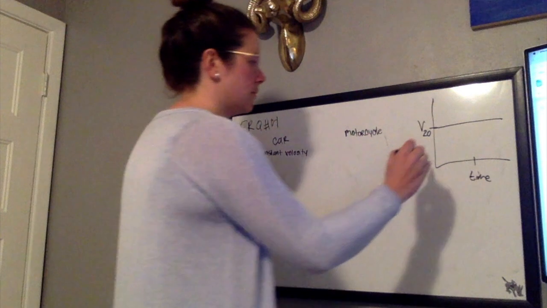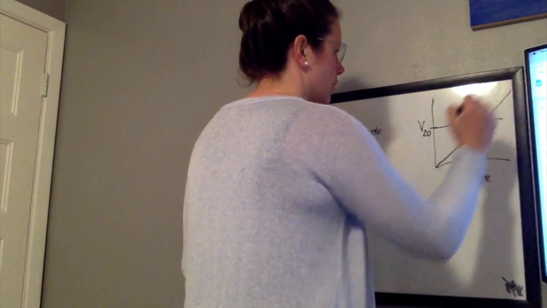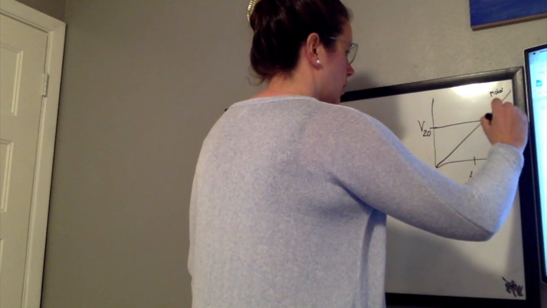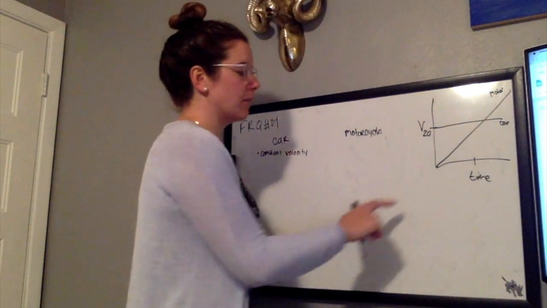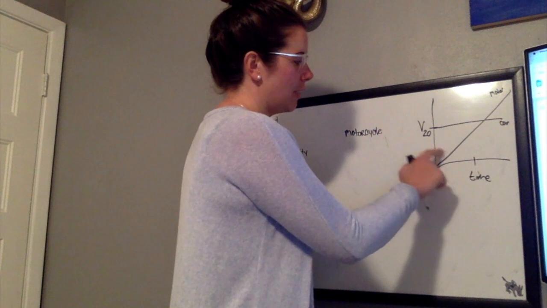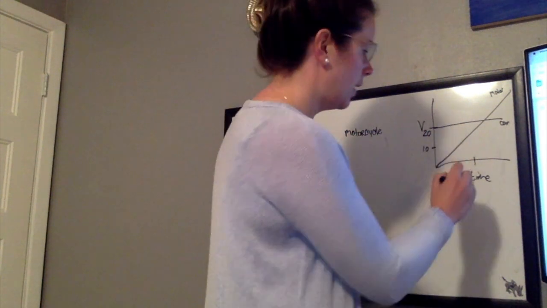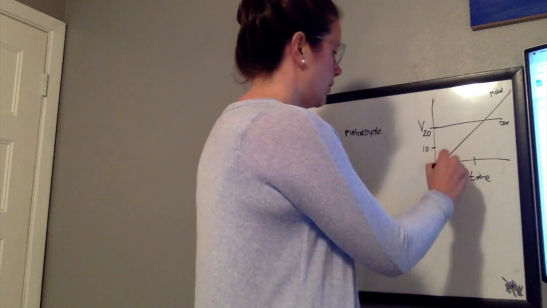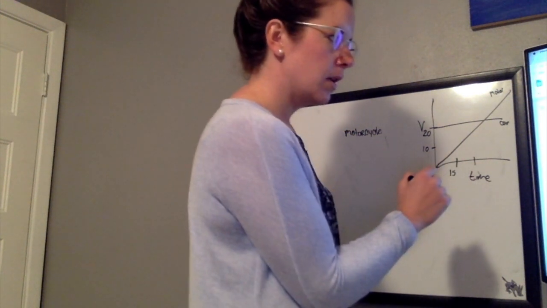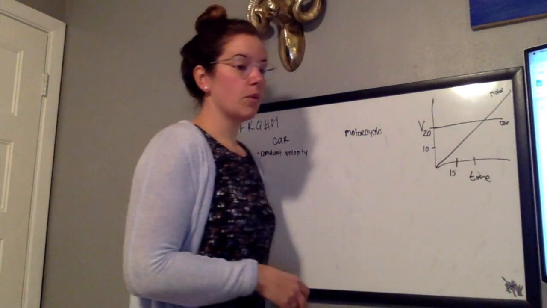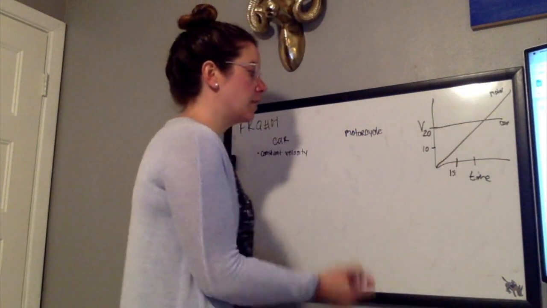Awesome. We have a motorcycle that goes like this, though. It is not constant. So the velocity here starts at 0. Remember, let's say at 15 seconds it is 10. And it keeps going up and up. So the motorcycle starts at 0 and he is increasing his speed.